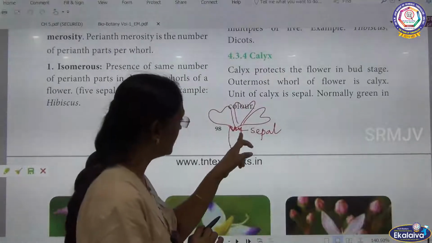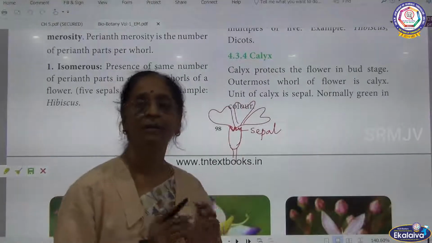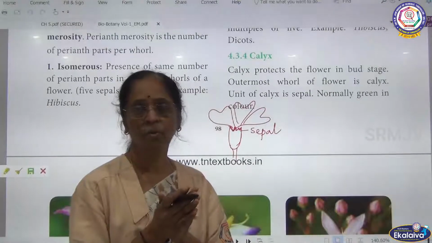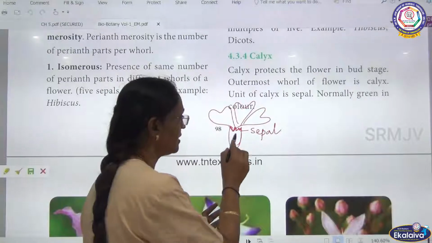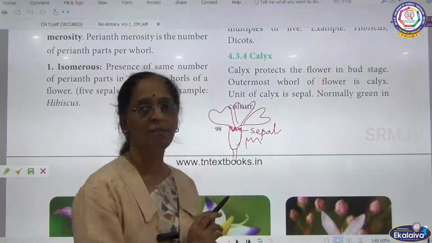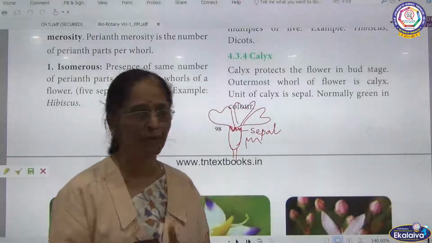And these sepals may be free or united. Based on that you use two different terms.